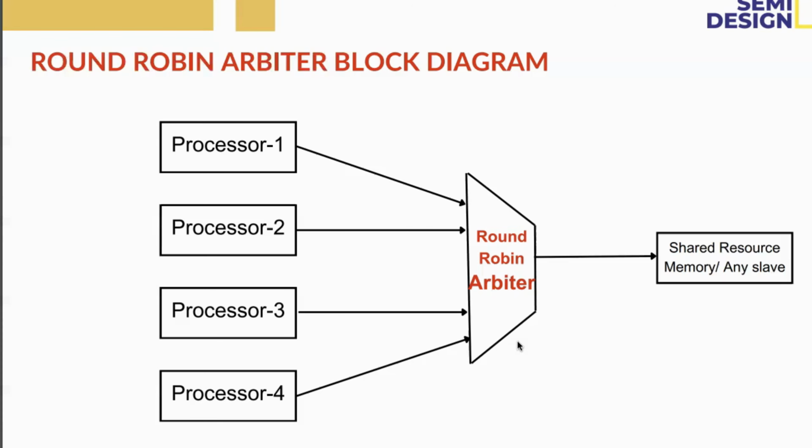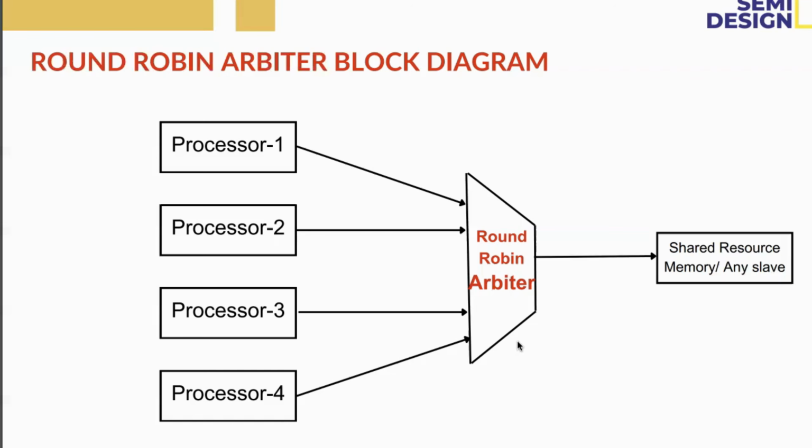Once the transaction has completed, it is automatically set to low priority, and then the other requesters get incremented one by one, in incrementing fashion. Processor 1 plus 1 is processor 2. Once processor 2 is done with its task, it is again set to the lowest priority. Like that, it will continue.